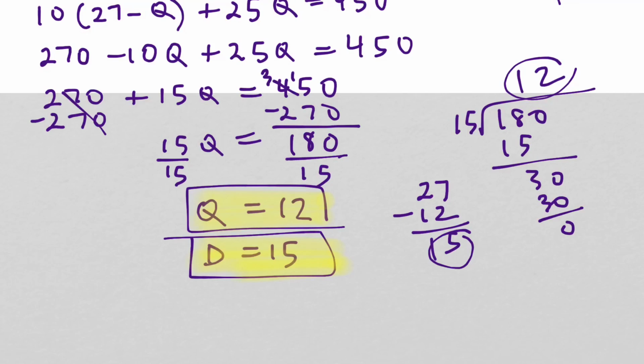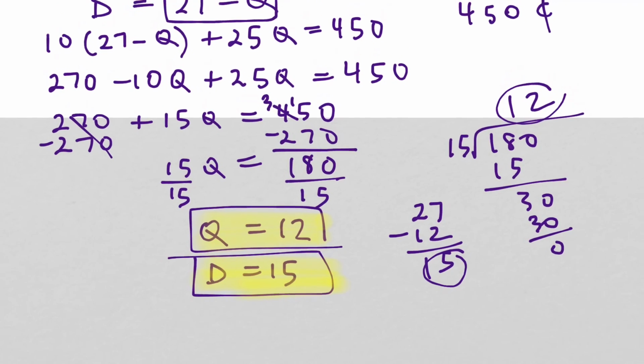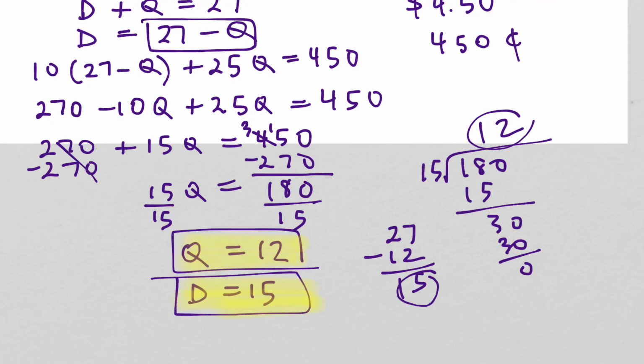I have 12 quarters and 15 dimes. That adds up to 27 coins, and the value of 12 quarters and 15 dimes is $4.50. So that's enough information to solve assignment 8.1.1 problems. Give those a try, and if you have any questions, let me know.